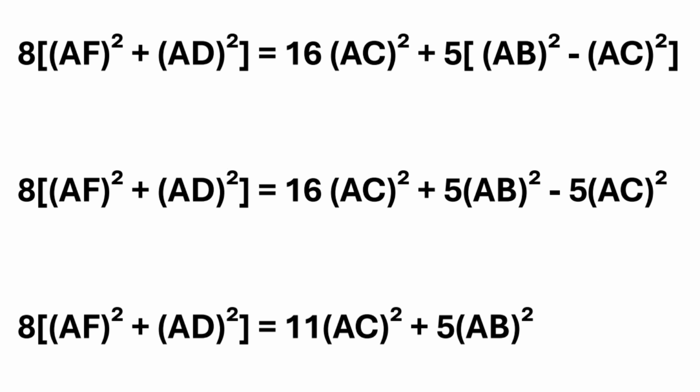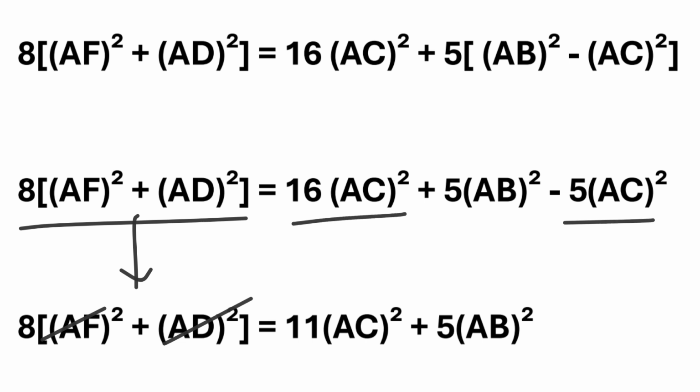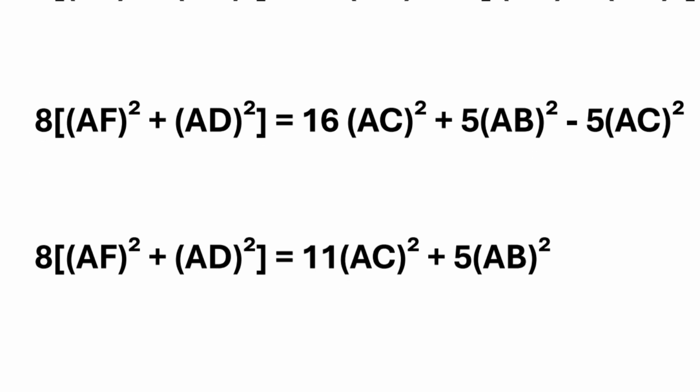Then as it is we write below: 8 in bracket AF square plus AD square is equal to, now 16 AC square minus 5 AC square means 11 AC square, then the remaining plus 5 AB square. This is what we had to prove.